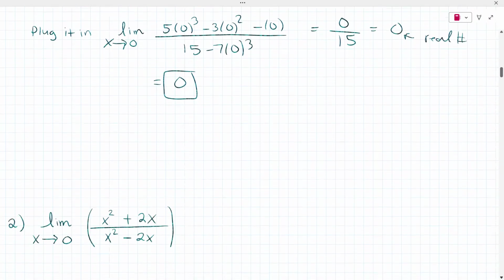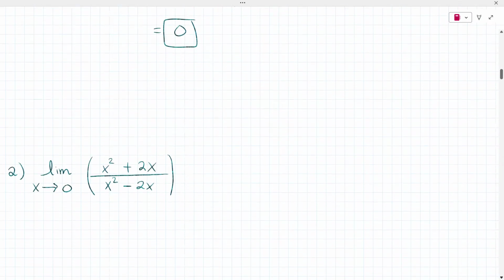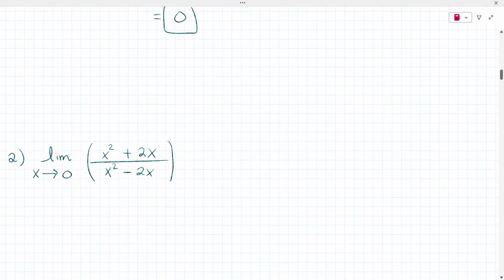What about question 2? The limit as x approaches 0 of this rational function, x squared plus 2x over x squared minus 2x. First, maybe just plugging it in might work. So this is going to be 0 squared plus 2 times 0.